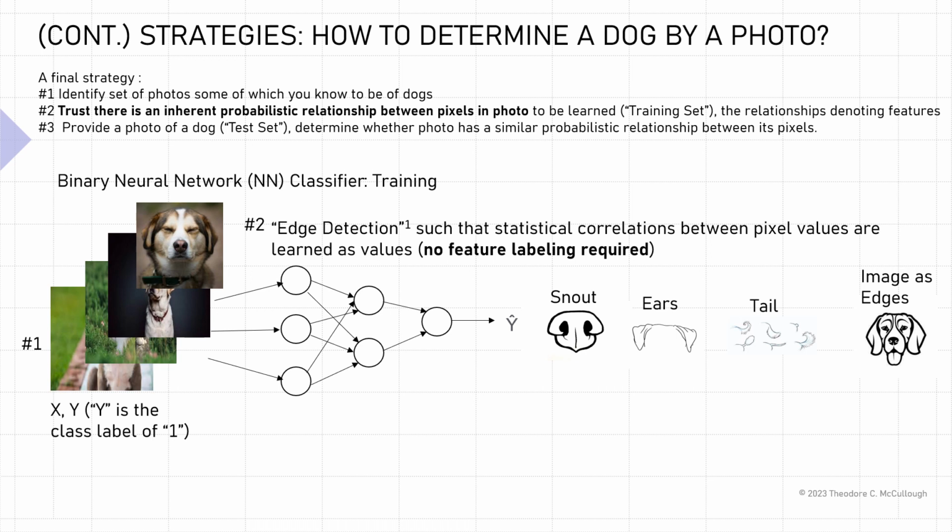That is, it'll determine basically the statistical correlations between pixel values in the photos and what those statistical correlations tell you regarding the edges and values within those photos, and those statistical correlations will be learned. So in other words, the network will really determine the edges, the outline, the snouts, the ears, the tails, and ultimately the complete image of the dogs, and it will learn those values.